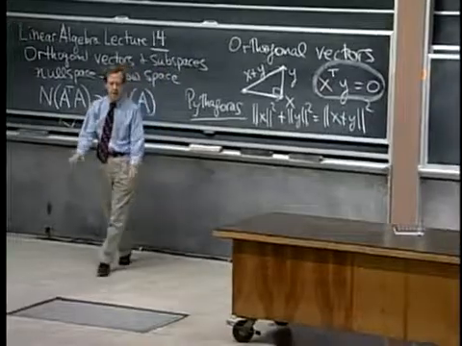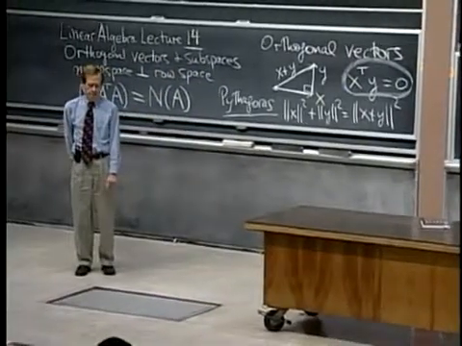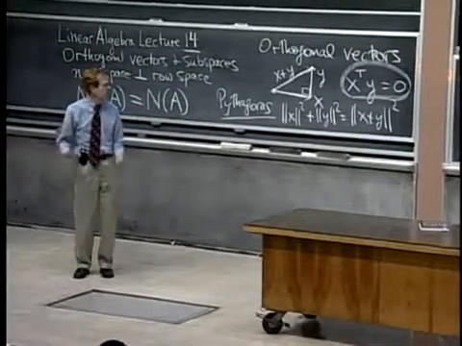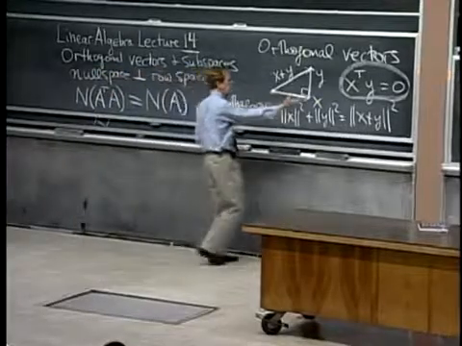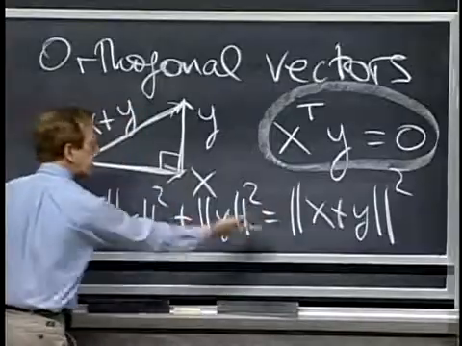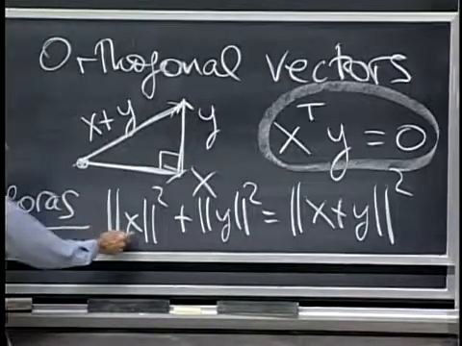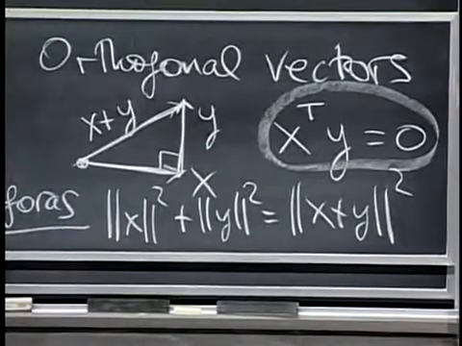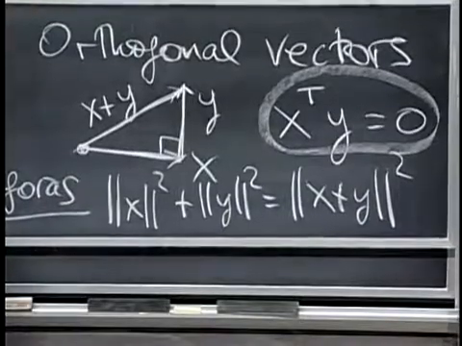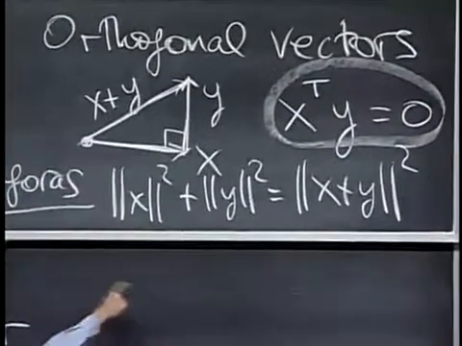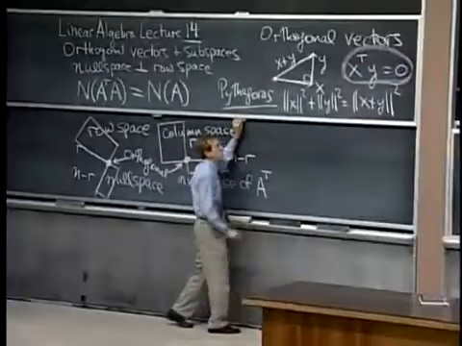Can we just make that connection? What's the connection between this test for orthogonality and this statement of orthogonality? Well, I guess I have to say, what is the length squared? So let's continue on the board underneath with that equation.